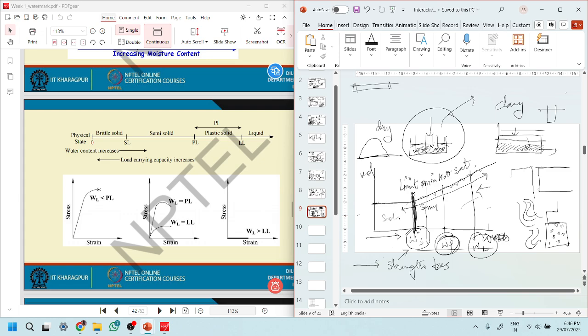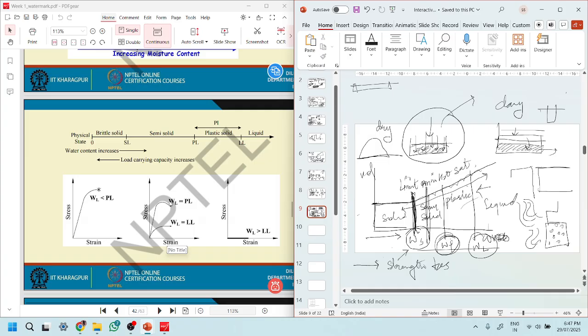This is solid, this is semi solid, this is plastic, and then this is liquid. Okay, so you are in this zone, so you have a good strength stress strain relation.